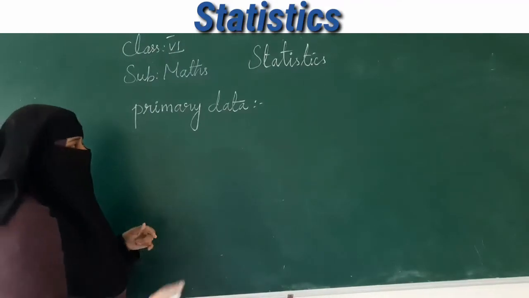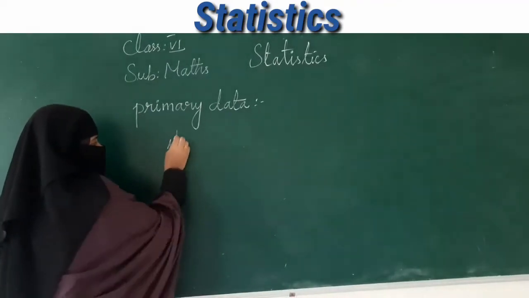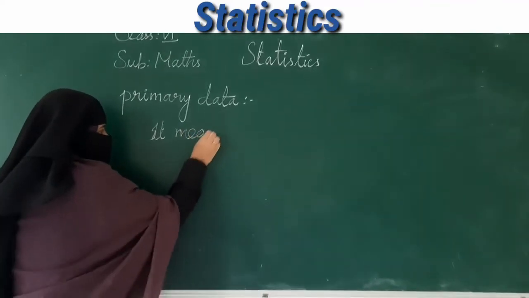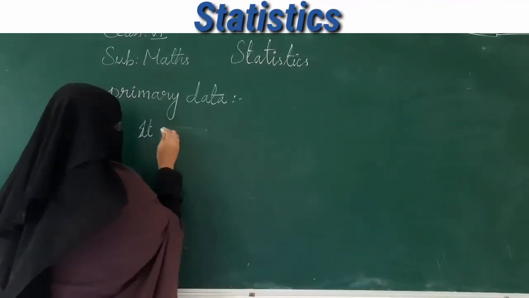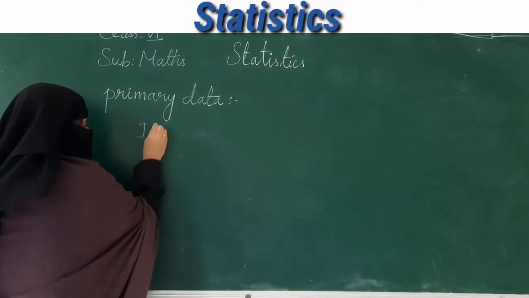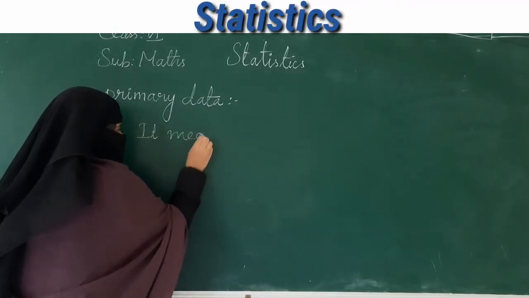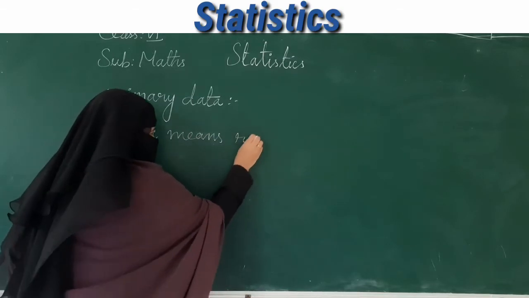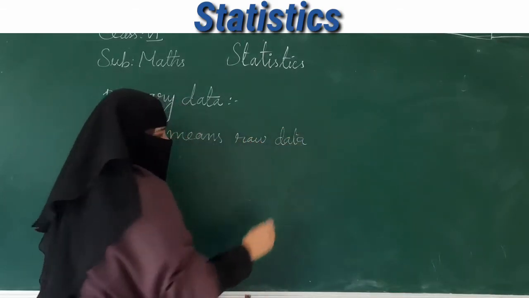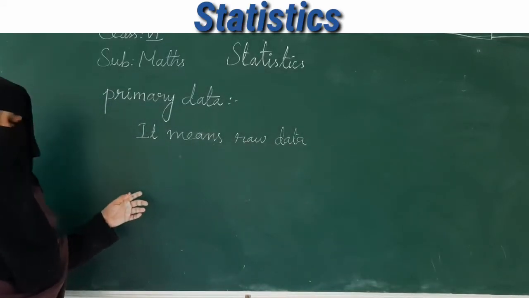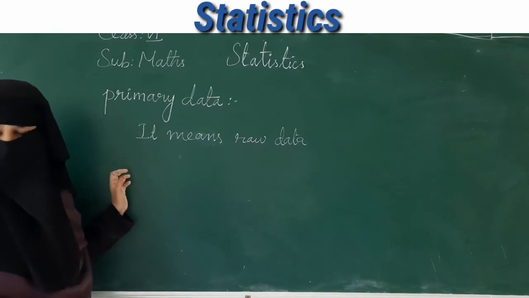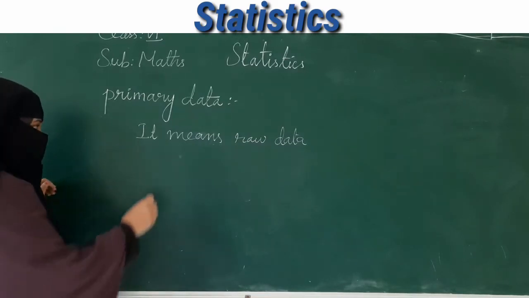Let's see about the primary data. What is primary data? Primary data means raw data. That is the fresh data. We can get it from the sources. It is called primary data.